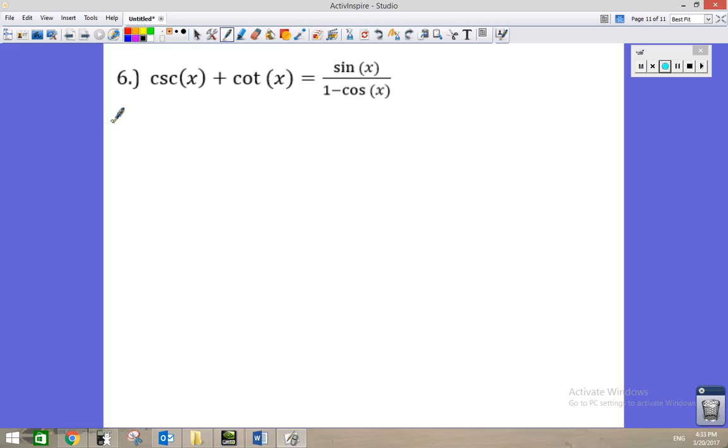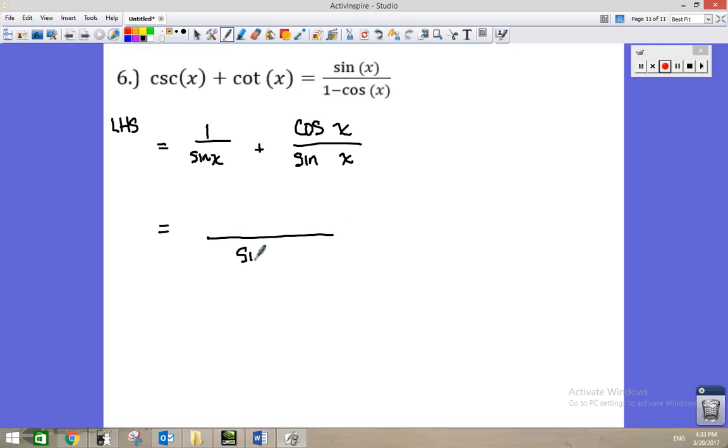So if I start with the left-hand side, and I rewrite cosecant of x to be 1 over the sine of x, and cotangent of x is the cosine of x divided by the sine of x. Hey, these have the same denominator, so I can write these as a single fraction, and I've got 1 plus cosine of x.